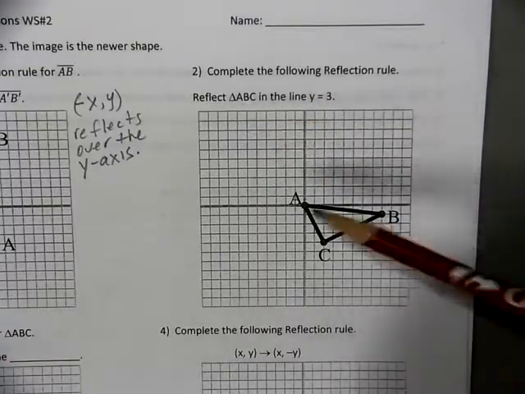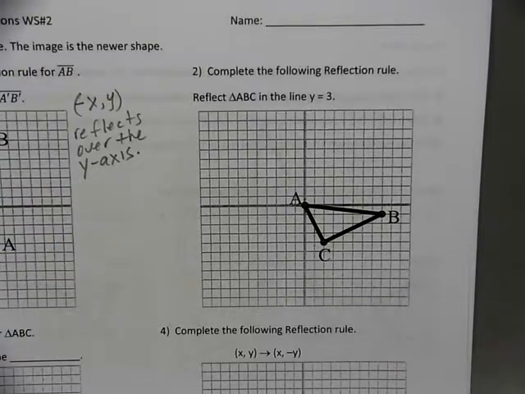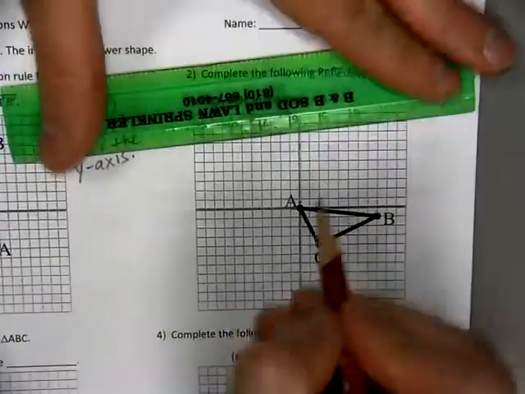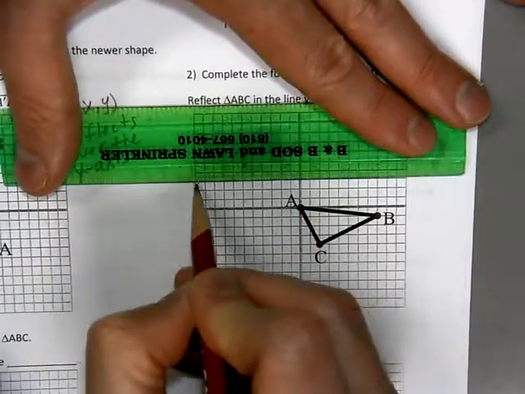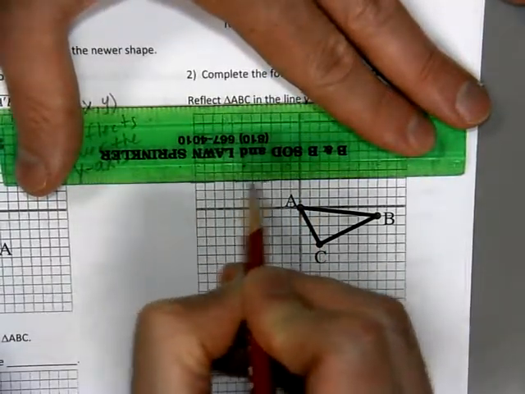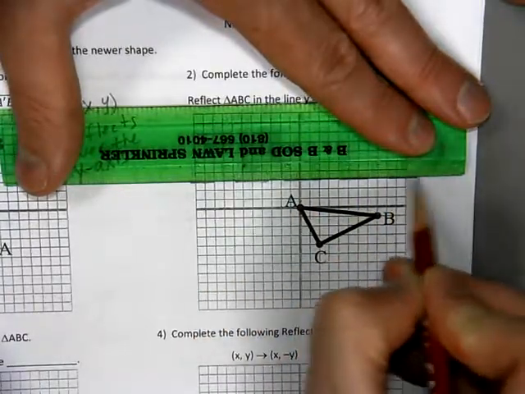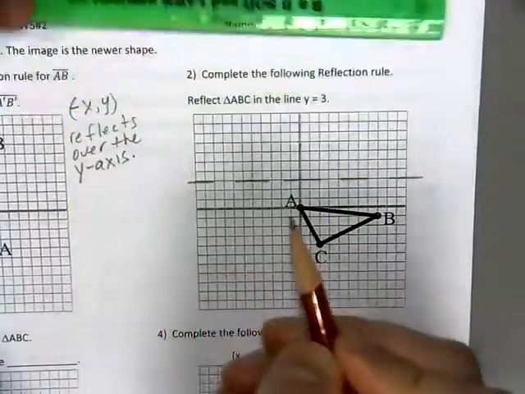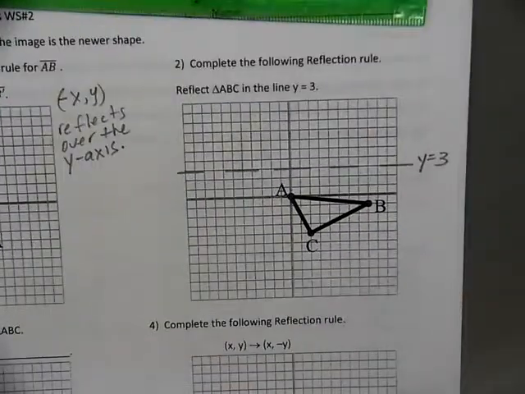Here we're going to reflect triangle ABC over the line y equals 3. So up at 3, we put our reflection line, and that's usually a dashed line. That's y equals 3.